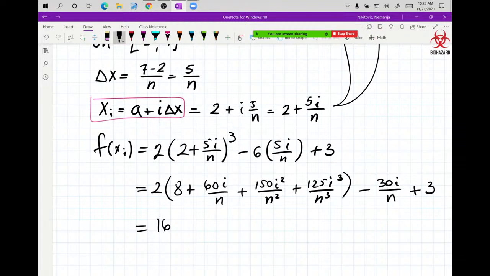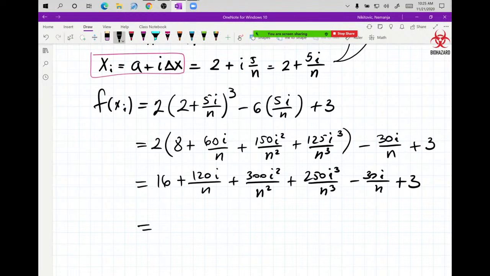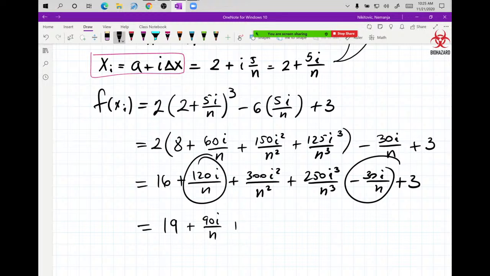So this is now 16 plus 120 i over n plus 300 i squared over n squared plus 250 i cubed over n cubed minus 30 i over n plus 3, which is equal to 19 plus 90i over n when I combine like terms, plus 300i squared over n squared plus 250i cubed over n cubed.